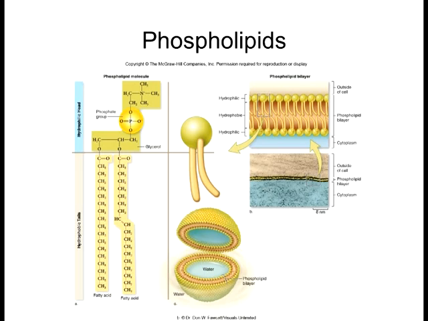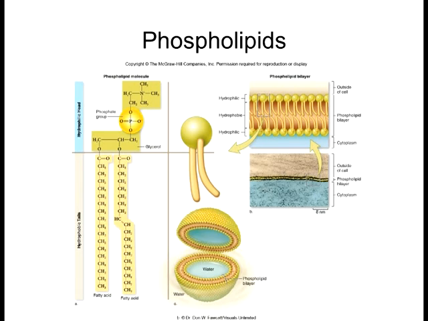So what happens is when you put phospholipids into a watery environment, remember all living things are mostly water, it creates these bilayers, two layers of phospholipids, where the heads are oriented on the outside and inside of the cell, and the tails are oriented on the inside where they're not near water.